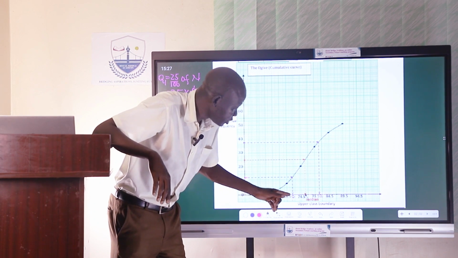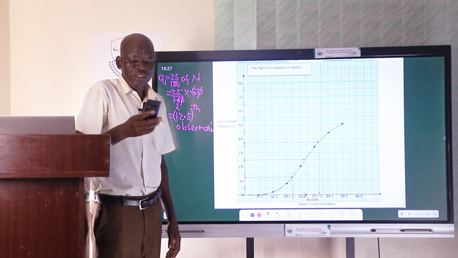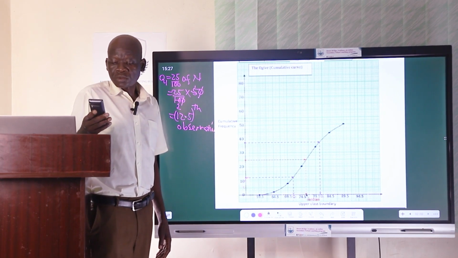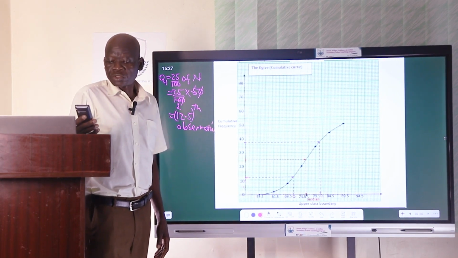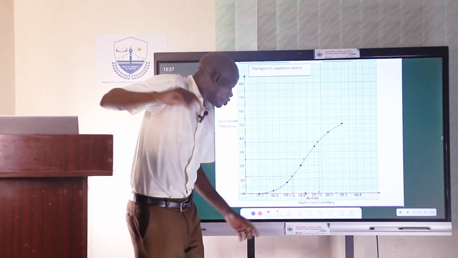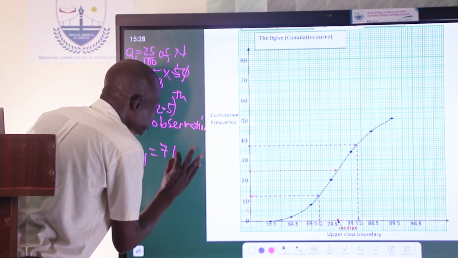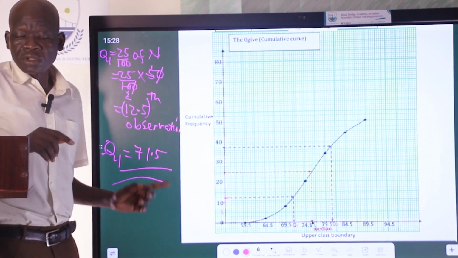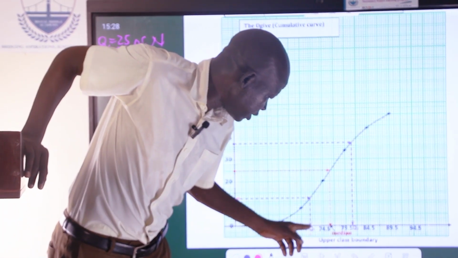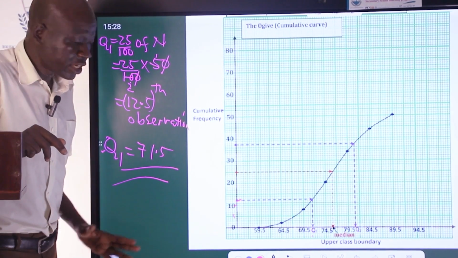And 69.5 plus 2, we get 71.5, meaning that our Q1 will equal 71.5. That is the value of the lower quartile, this figure here, when we read it from the graph. So we have already got the lower quartile value.